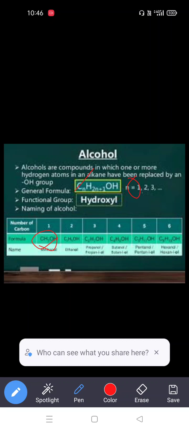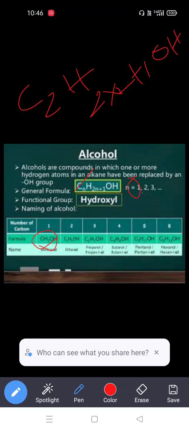If we substitute 2, that means C2 and in place of 2n+1, which is 5, we get H5OH. So that is C2H5OH.